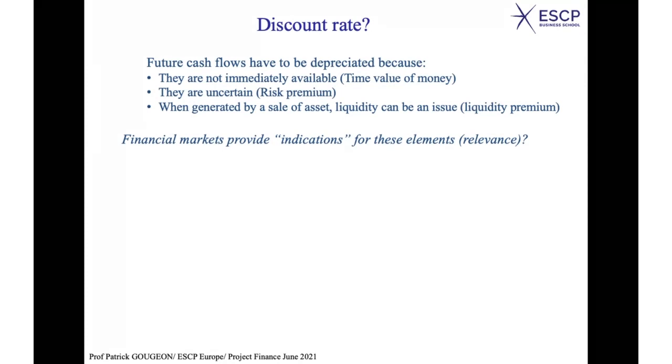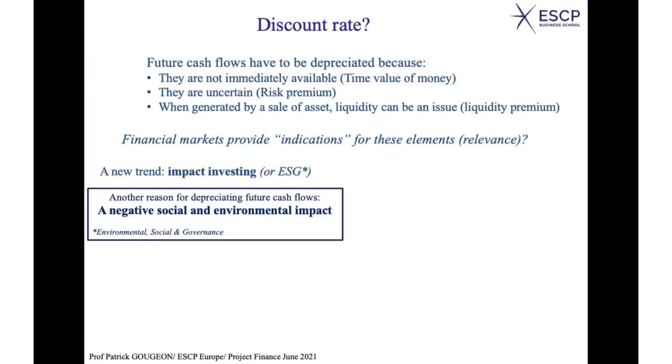But if we come back to what we said before with reference to ESG, E and S standing for environment and social, and G for governance, we have probably also heard the concept of impact investing. There is another reason for many investors to depreciate future cash flows, which would be, as we said before, a negative social and environmental impact.